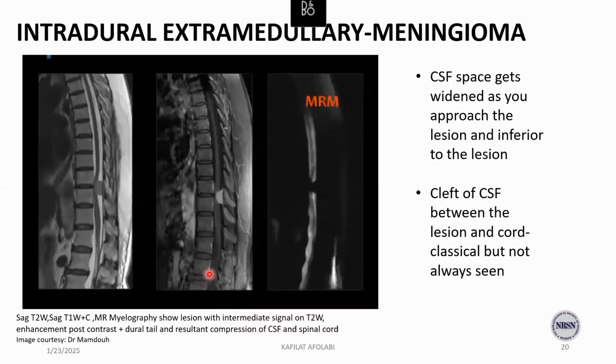they are a sagittal T2 weighted magnetic resonance image of the spine, a sagittal T1 plus contrast, and an MR myelogram. I've decided to put a lot of sagittal images in this presentation because it's easy to look at spinal lesions on sagittal view. You can see the superior and inferior extent of the lesion.